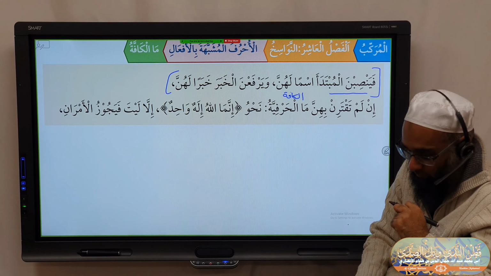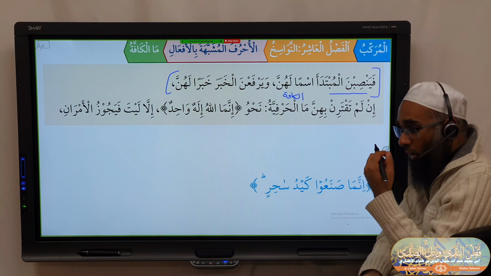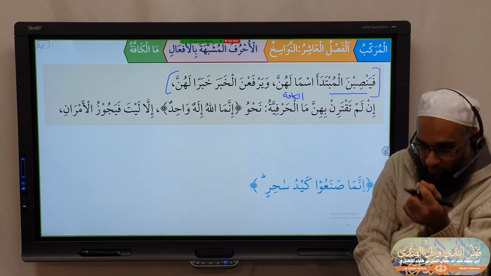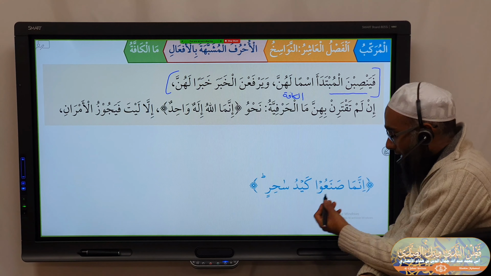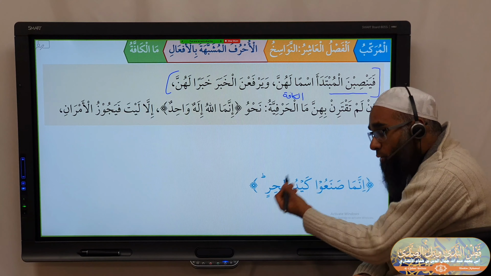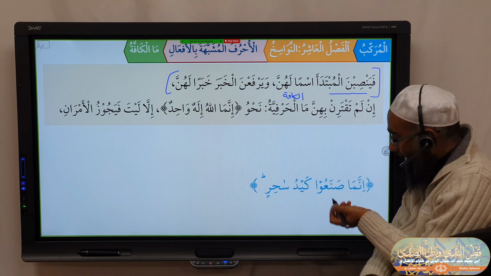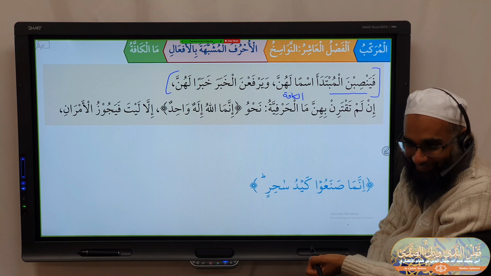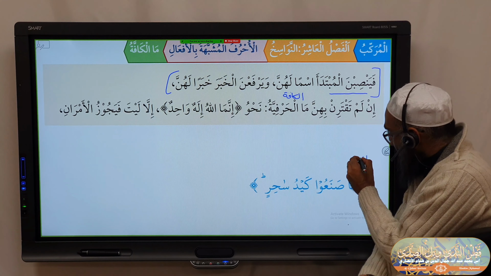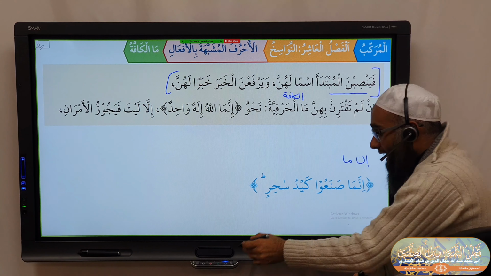It's a mawsul. So he's saying here, in one place in the Quran, it is written as such: innama sana'u kaydu sahir. Now he's saying here, in this verse, this innama is not innama with ma al-kaffa.